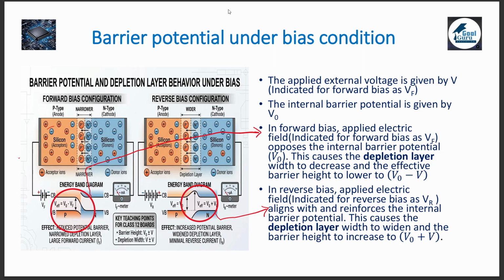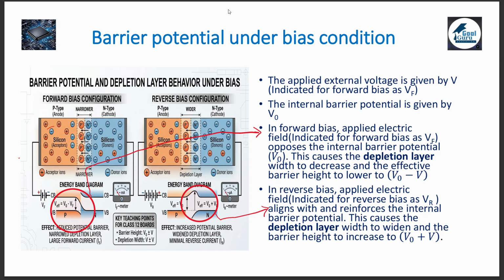A bit more about the barrier potential. Let the applied voltage be V as indicated by VF for the forward bias, and the internal barrier potential be given by V naught. What happens in the forward bias condition?